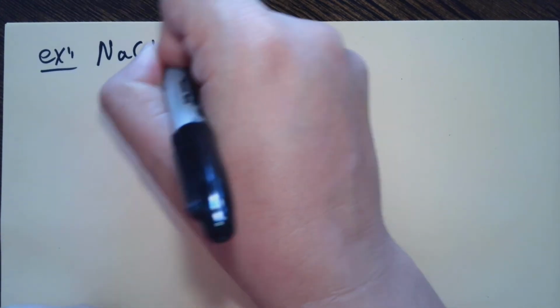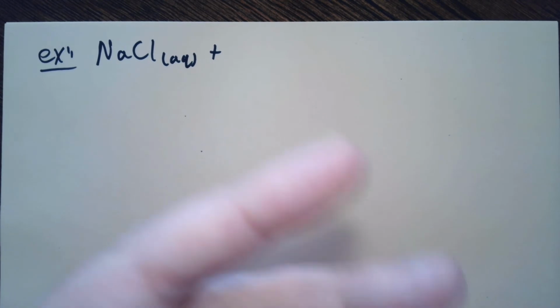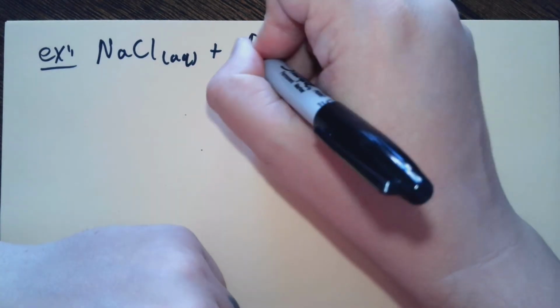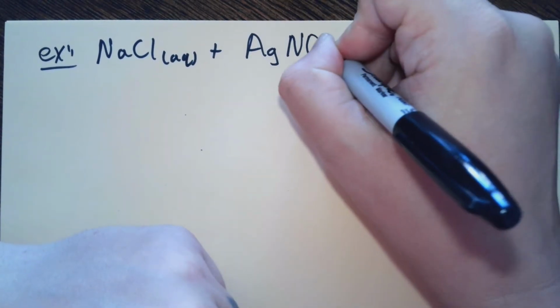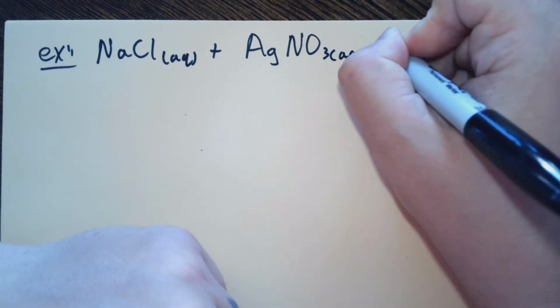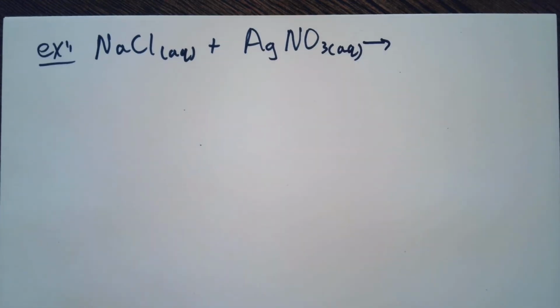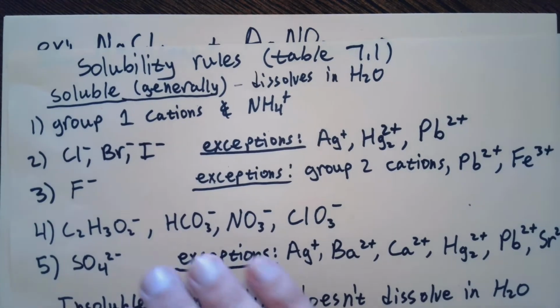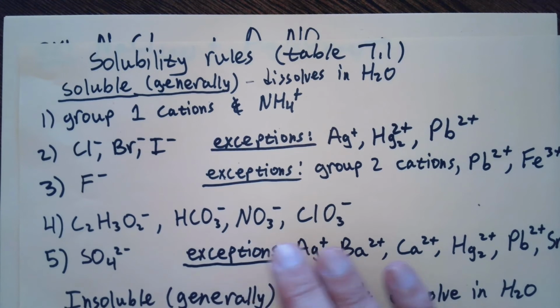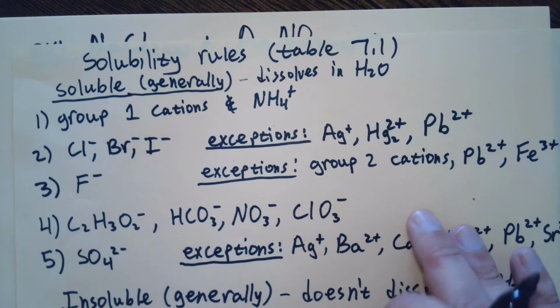So, what about precipitation reactions? Well, if we have some dissolved sodium chloride, which our rules say is going to happen, and we have a dissolved solution of silver nitrate, which our rules also say will happen, since nitrates are generally soluble, no exceptions.